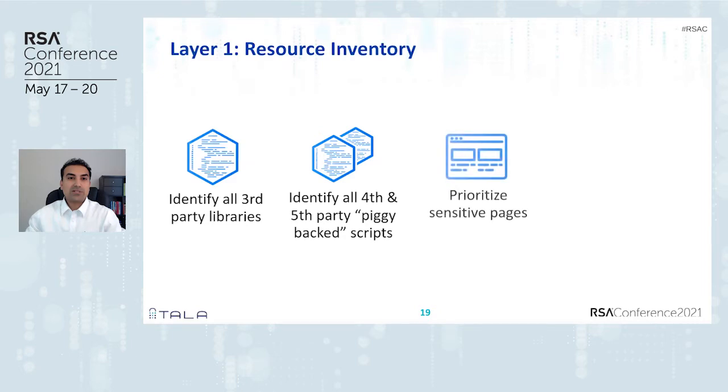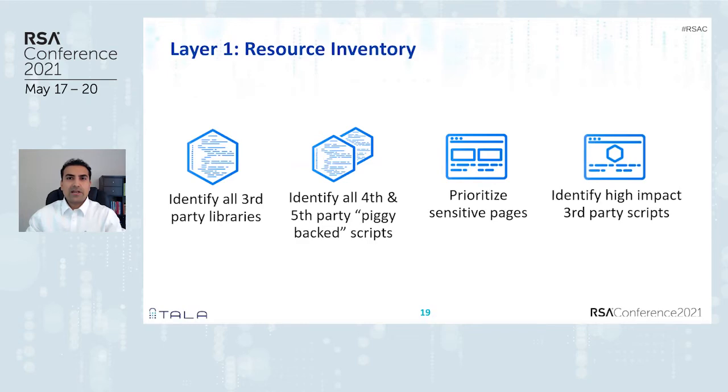It also helps to prioritize certain pages that have sensitive user input, such as login pages and payment pages. And try and classify third parties based on how severe of a breach it would be to your web application if the third party got compromised.